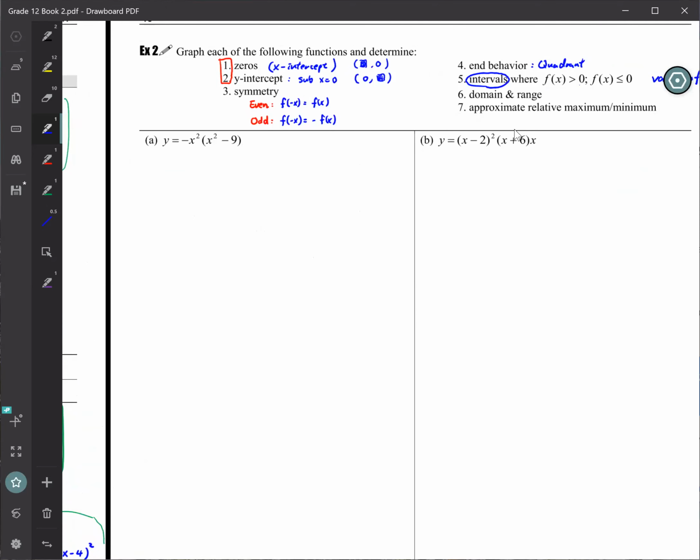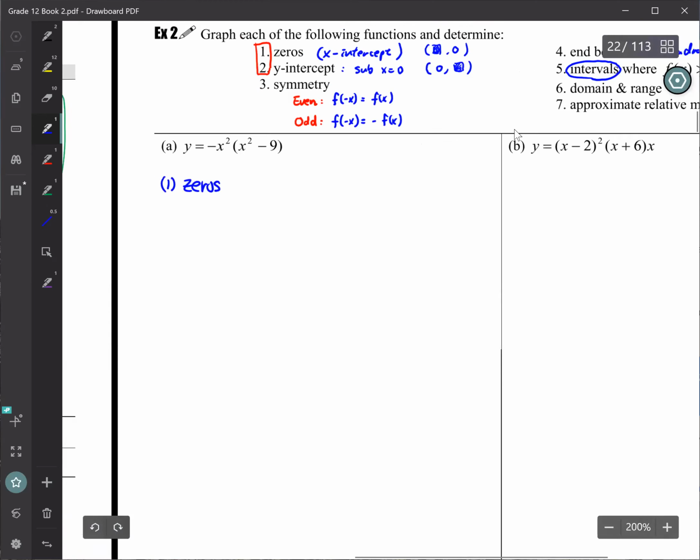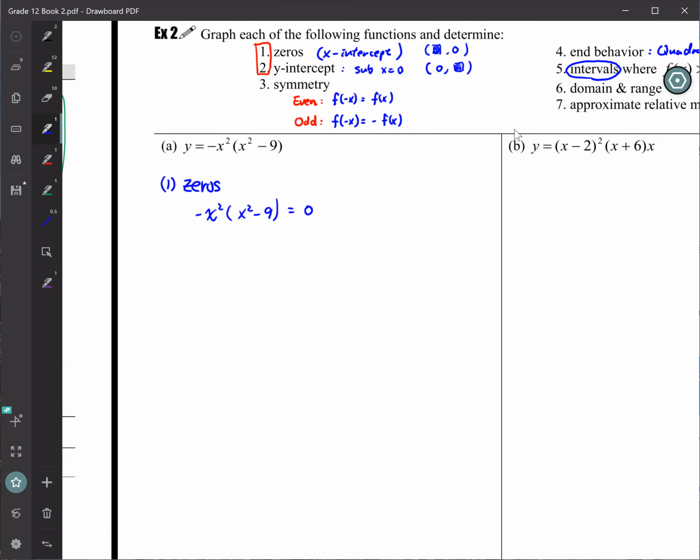So we start with finding the zeros. Number 1, zeros. Zeros means you put 0 into the y. So for this one, you would have negative x squared minus 9 equal to 0. And then we try to factor as much as we can.